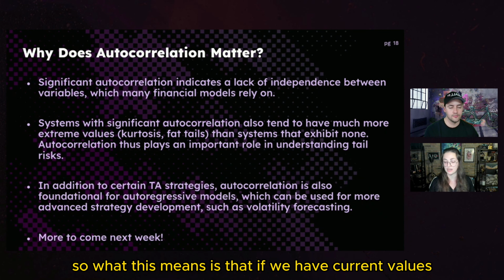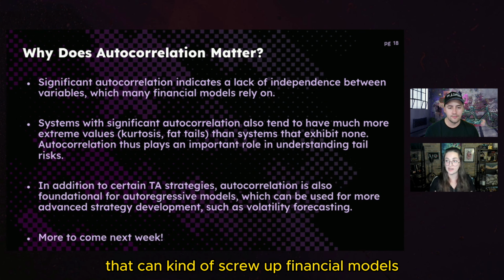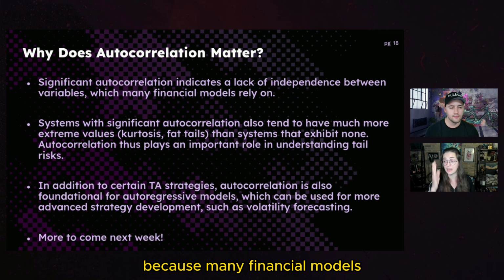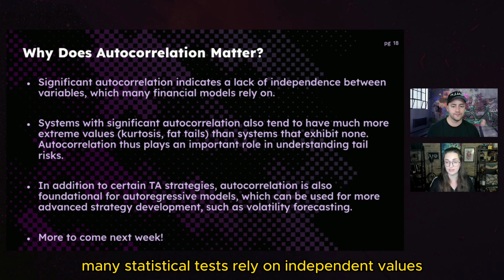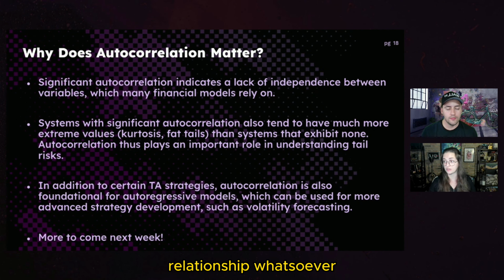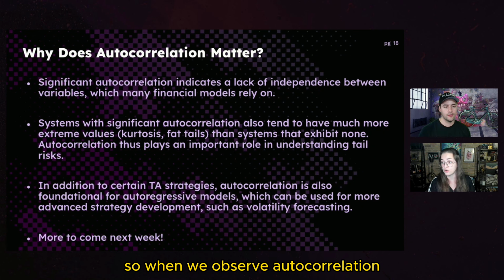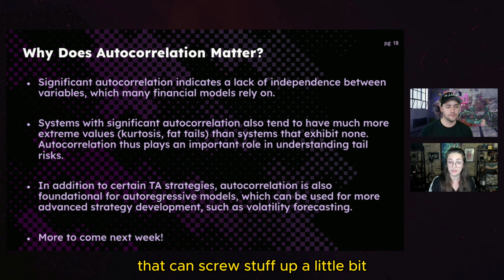So if we have current values that are not independent from previous values, that can screw up financial models, because many financial models and statistical tests rely on independent values. The value of the market today would have absolutely no relationship whatsoever to the value of the market yesterday. That is an assumption that a lot of financial models and statistical tests rely on. So when we observe autocorrelation, that can screw stuff up a little bit.